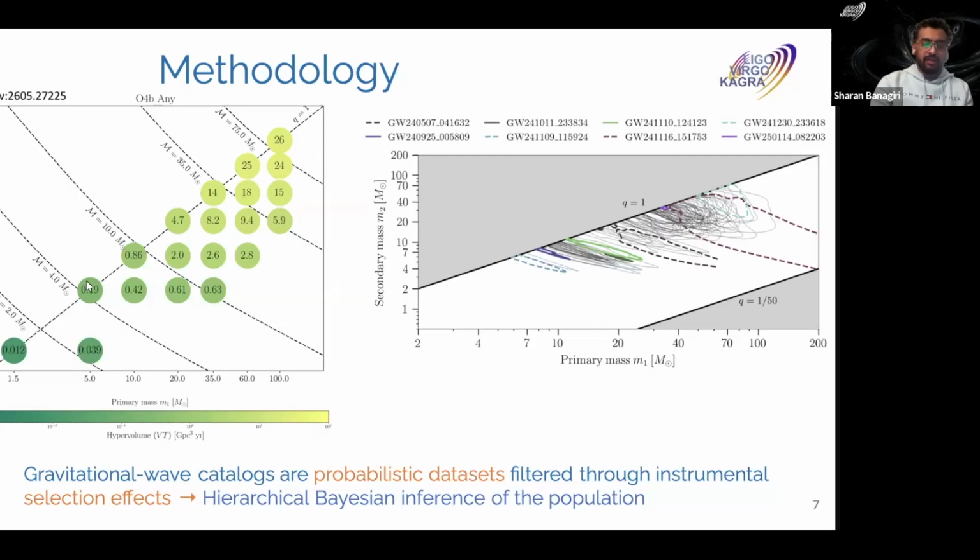So, for example, the sensitive hypervolume that we can see for a chirp mass of 4 solar masses is several orders of magnitude smaller than the corresponding sensitive hypervolume for, say, a 35 solar mass chirp mass. So what this means is that to actually understand the true population level distribution of merging binaries, we have to perform hierarchical Bayesian inference on the population. And this remains the standard way to do these sorts of analyses with gravitational wave data.